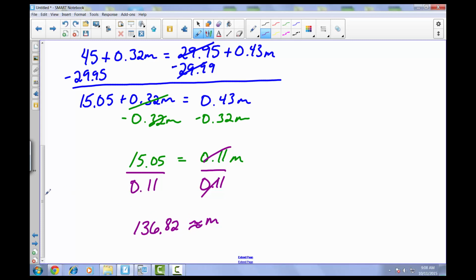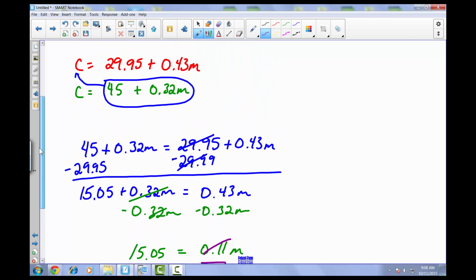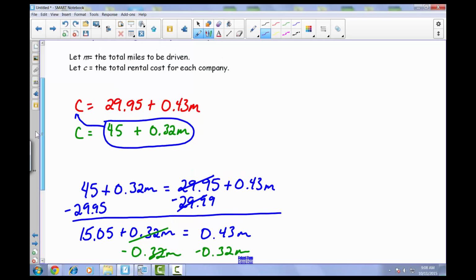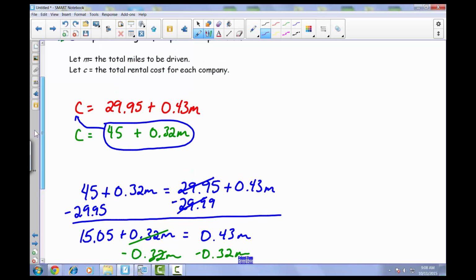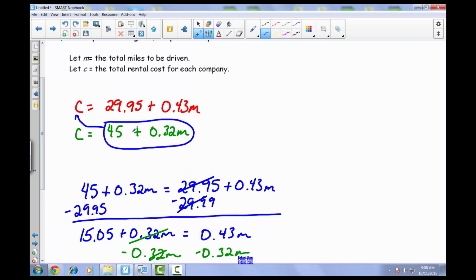Now what we're going to do is go ahead and throw that into one of our two equations. Again, it doesn't really matter which one, as long as you just throw it into one of these. We'll go ahead and throw it in the green one because it's usually a little bit less decimals, as you can see.